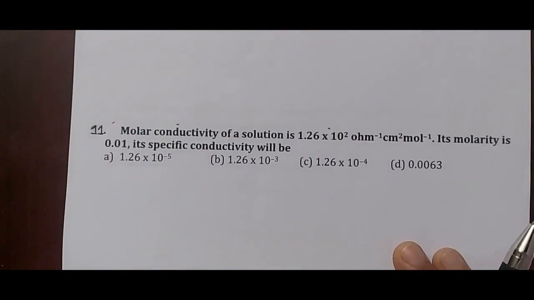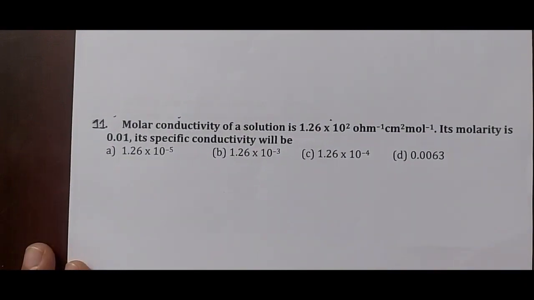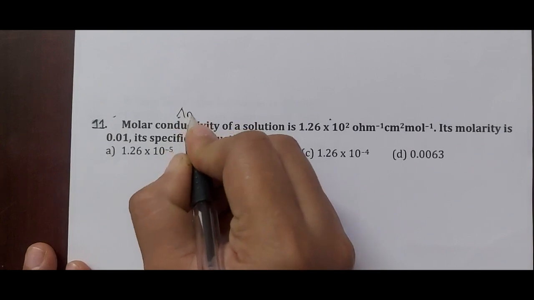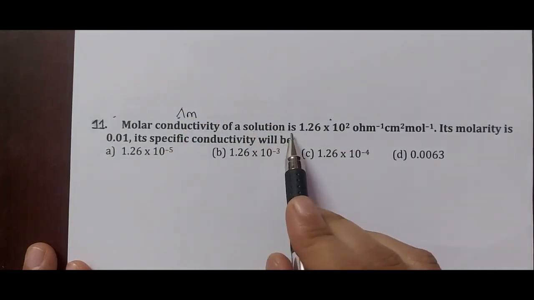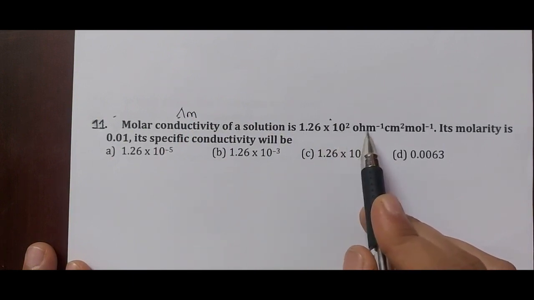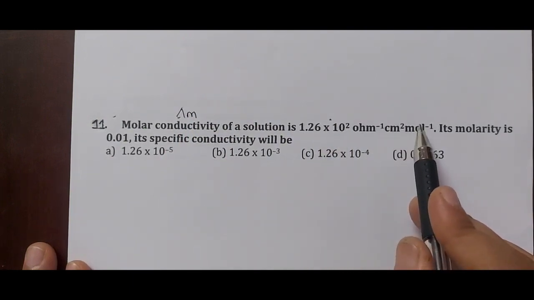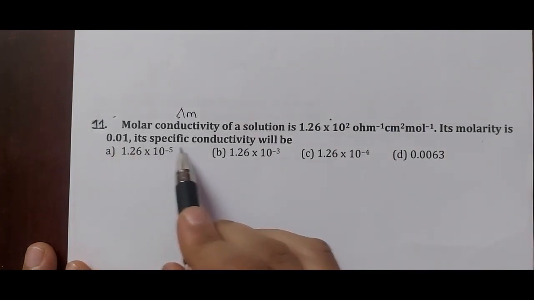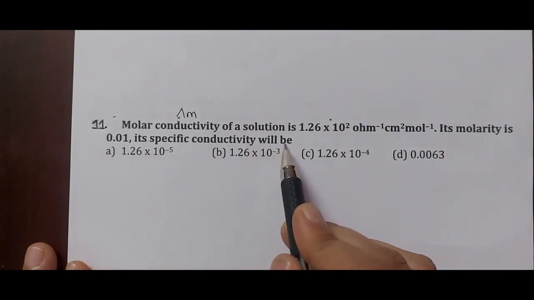Next, question number 11. Molar conductivity, that is lambda m value, of a solution is given as 1.26 into 10 to the power 2 per ohm centimeter square per mole. Its molarity is 0.01 and its specific conductivity will be.